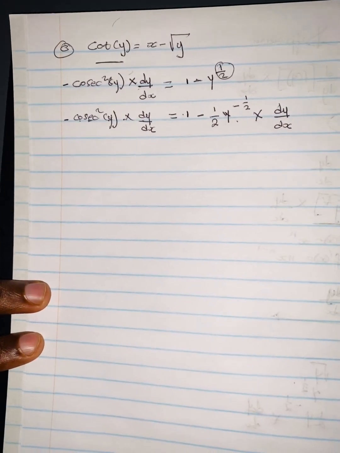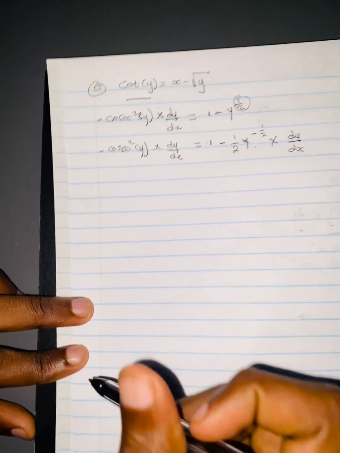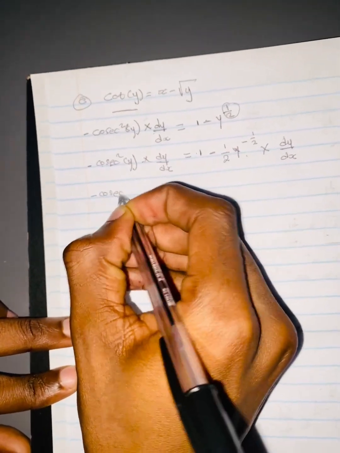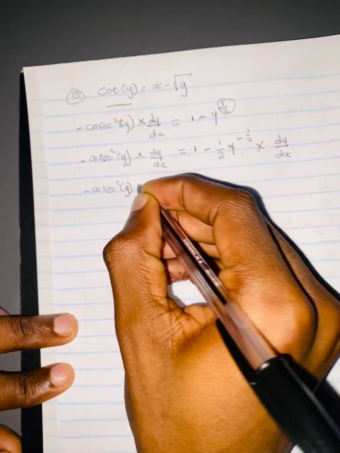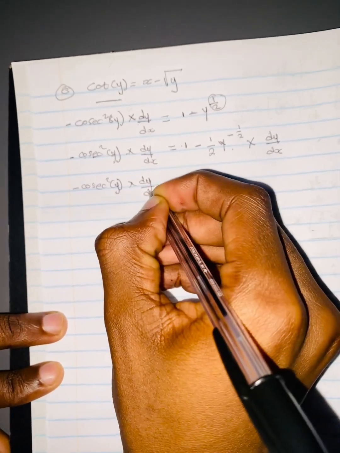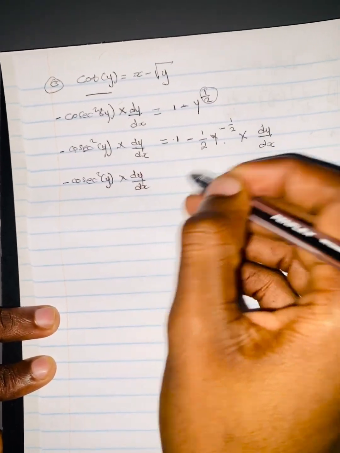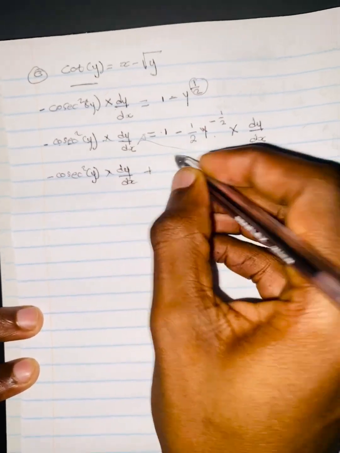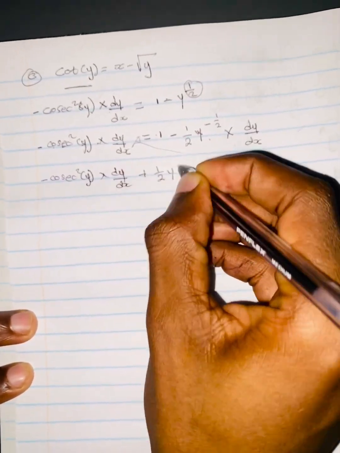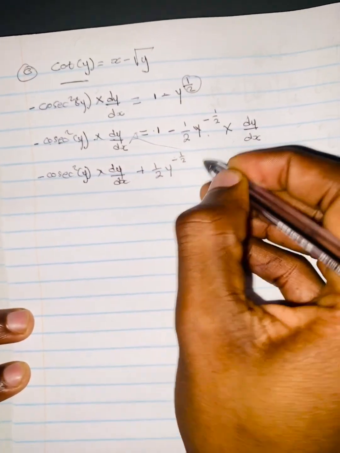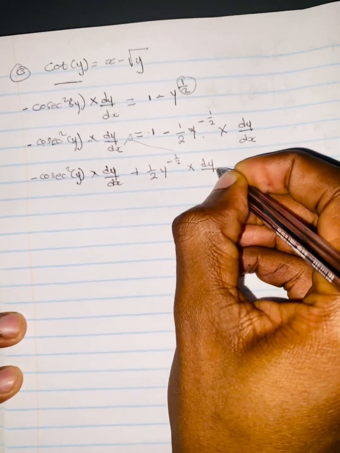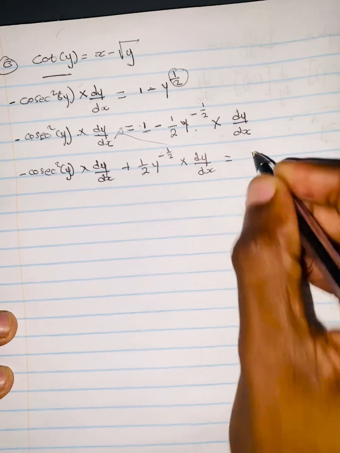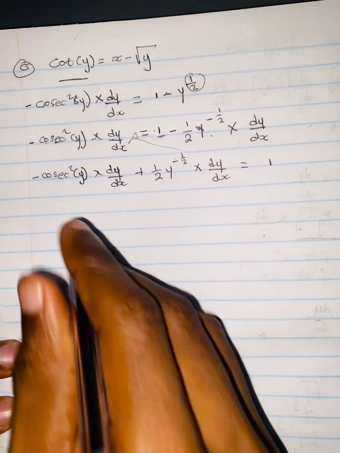Don't forget that. Yeah. So now we can group the like terms. So we can say negative cosecant square of y multiply by dy over dx. We take this to the other side. Because it's negative, it becomes positive half y to the power negative half multiply by dy over dx is equal to 1.